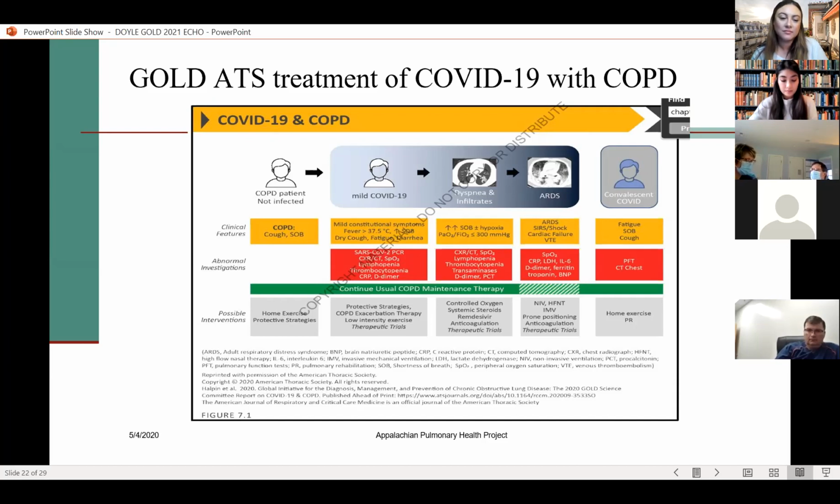When it's mild, you keep treating them with their regular medicines and do exactly what you would do for an exacerbation, probably a pulse of steroids and antibiotics. If it's worse, then you add special coronavirus treatments like systemic steroids, remdesivir, anticoagulation, and then the next group are in the hospital. Next slide.